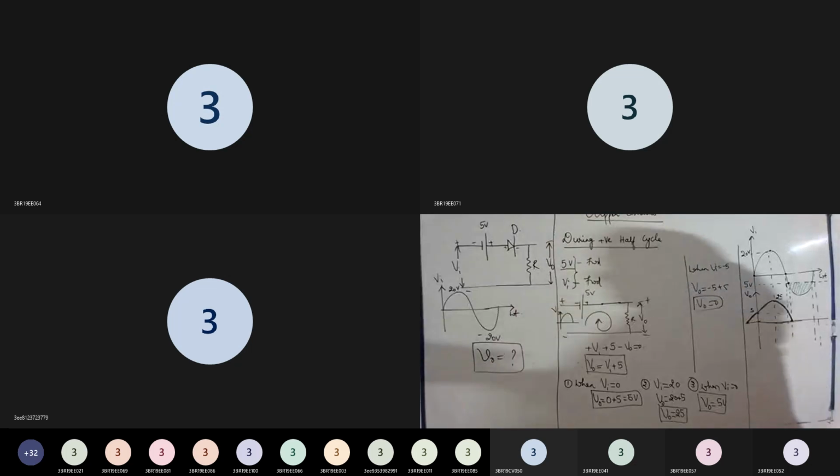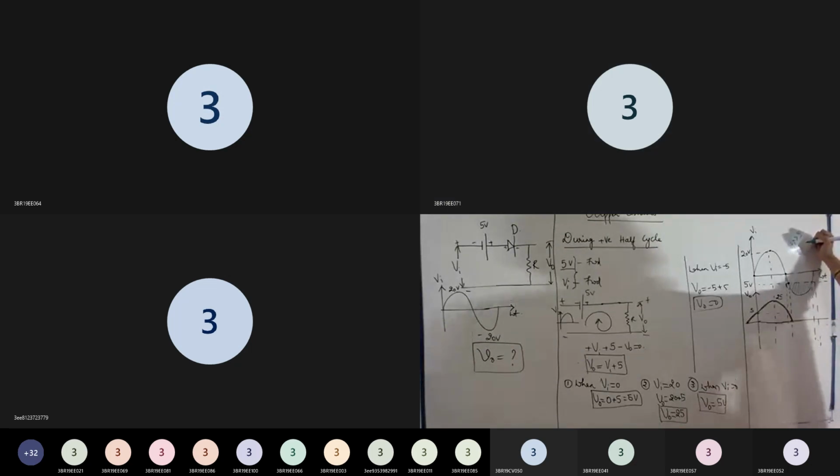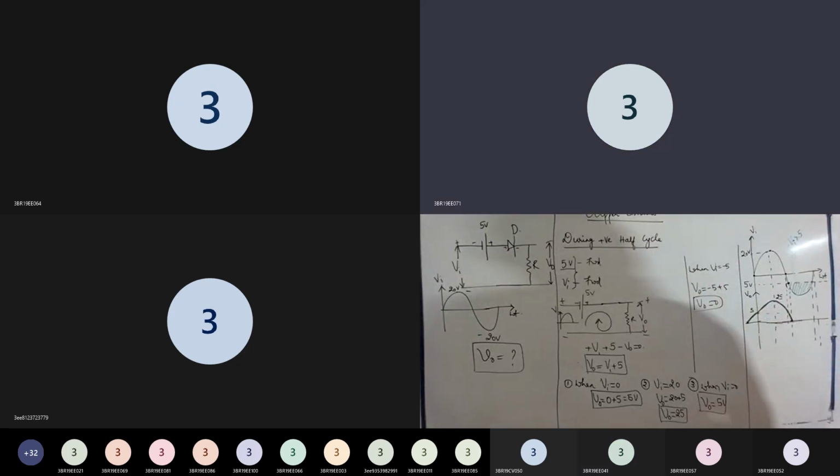What is the relation between Vi and phi? Vi greater than 5, ma'am. Vi is greater than 5 means minus Vi is greater than minus 5. Agree? Yes, ma'am.